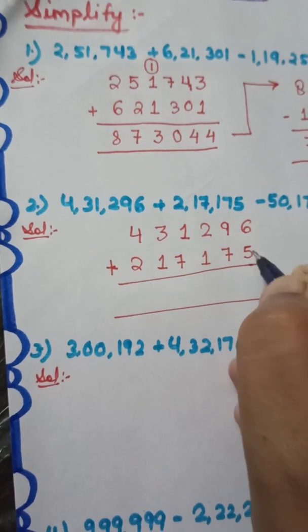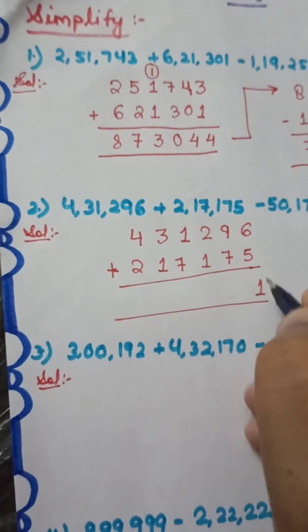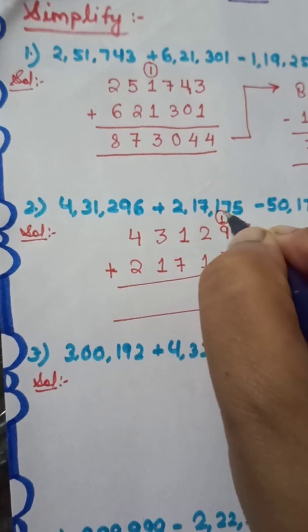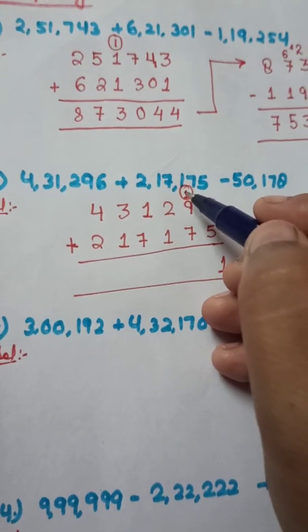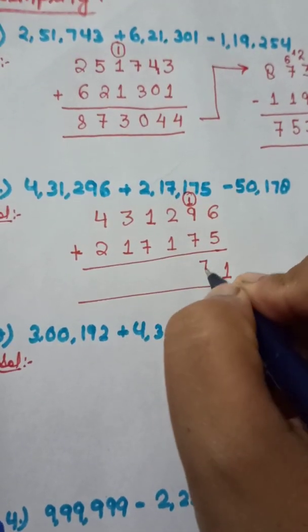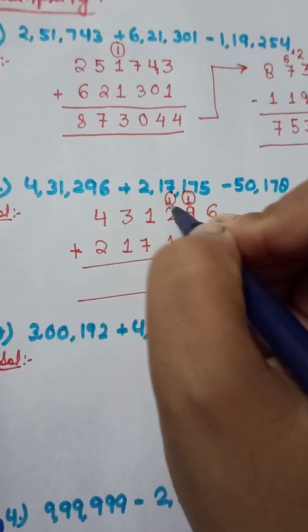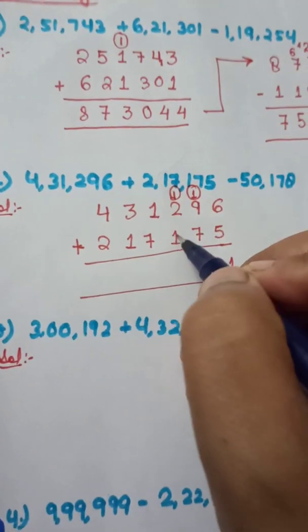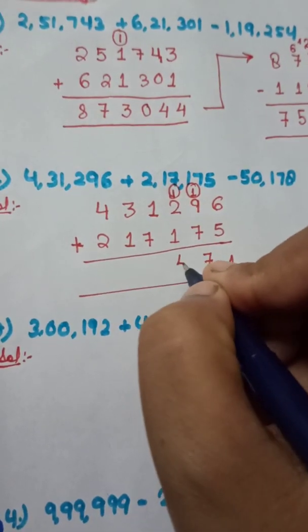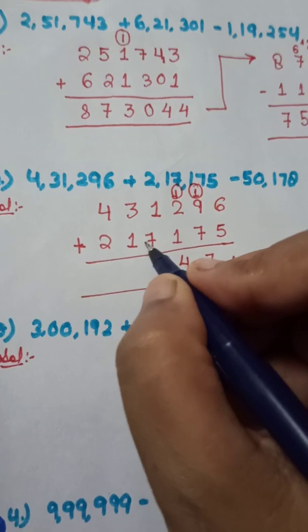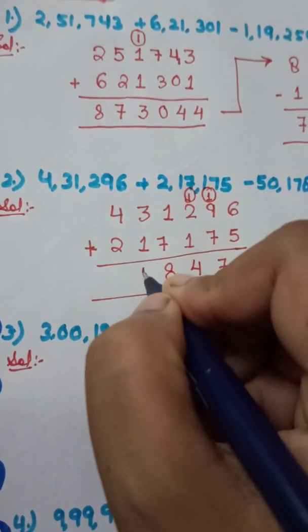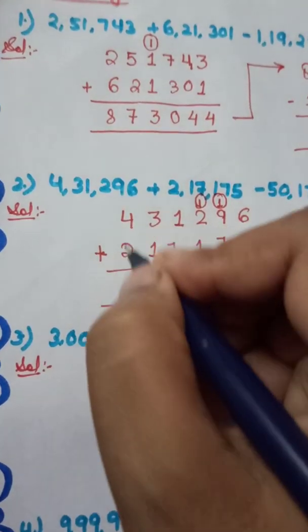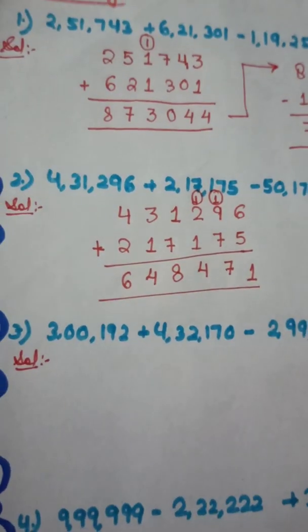6 added to 5 will give us 11. 1 over here, 1 again in carry. Now 9 plus 1, 10. 10 plus 7, 17. So 7 and 1 again in carry. 2 plus 1 plus 1, 4. 7 plus 1, 8. 3 plus 1, 4. 4 plus 2, 6.